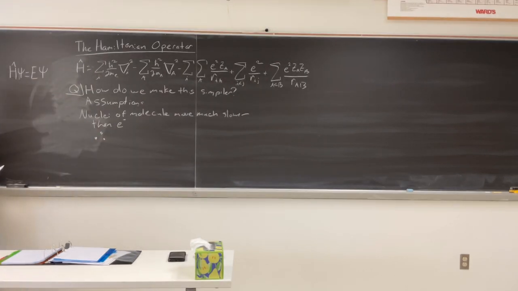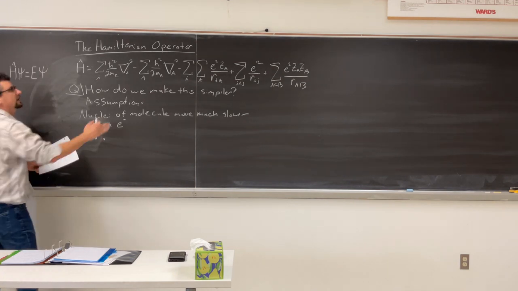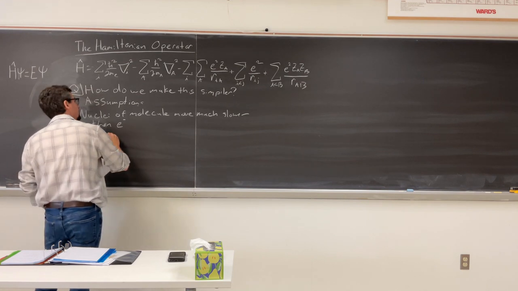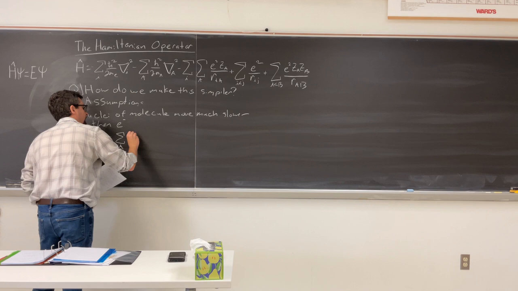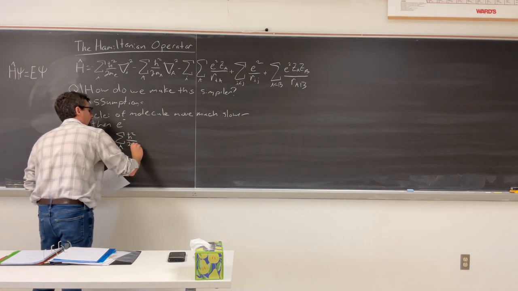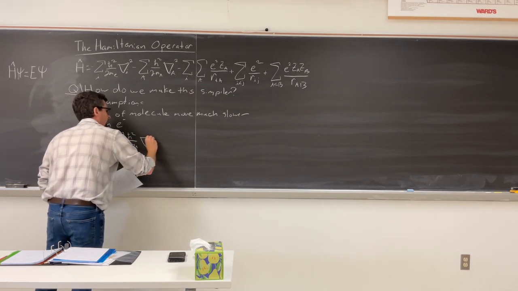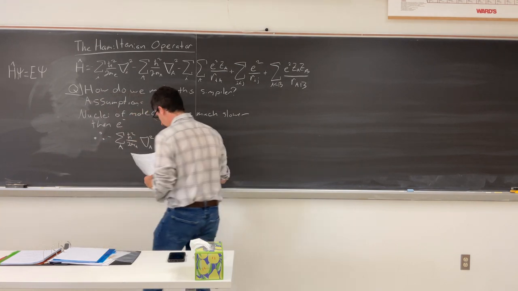So, therefore, what thing are we going to get rid of out of our Hamiltonian? Yep, this part right here, that kinetic energy. So it is approximated to be 0.